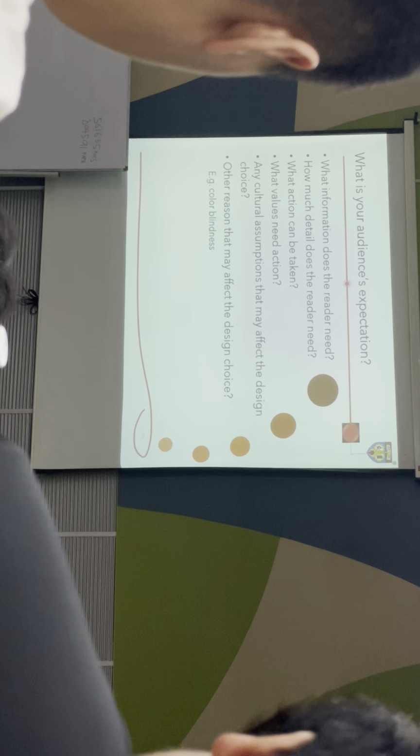Okay, and then the second one is variety for the sake of variety. So what is this? For example, in your graphs, in your figures or in your pictures, you include a lot of different types of charts, or a lot of different types of visual elements, because maybe you want to add marks and so on, or maybe you think that it's colorful and so on.